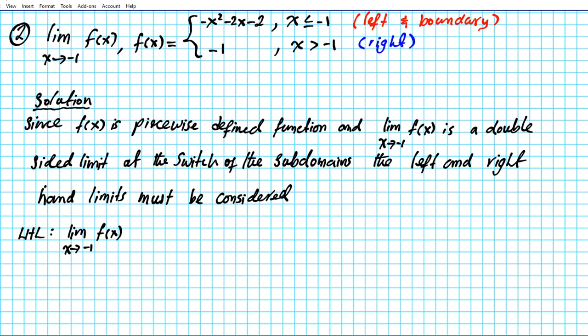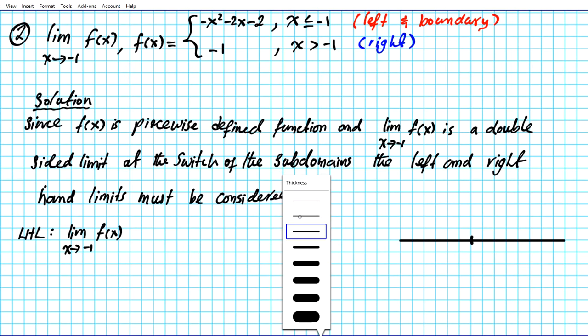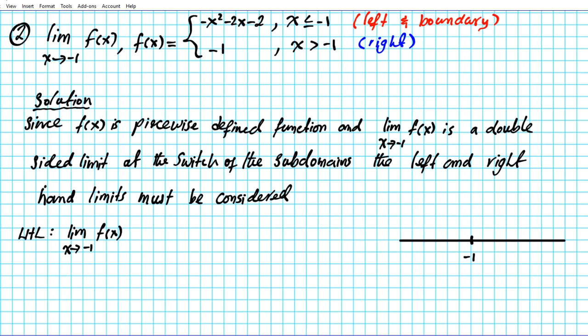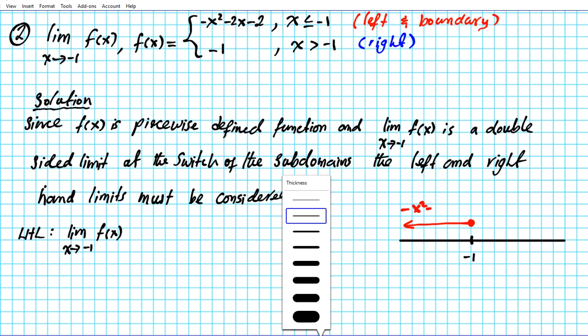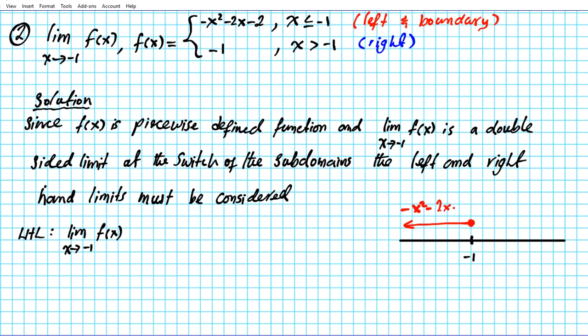Alright, so let's draw a number line to illustrate what's going on. The switch in the subdomains happens at -1. To the left of that, including the boundary, so -1 and everything to the left, what's active is the function negative x squared minus 2x minus 2.